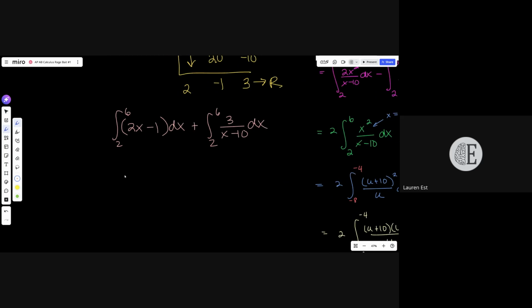And watch how easy this is. So just to keep things moving as slow as I took them in the other example, I'm going to keep this like this. And I'm going to pull out my coefficients.